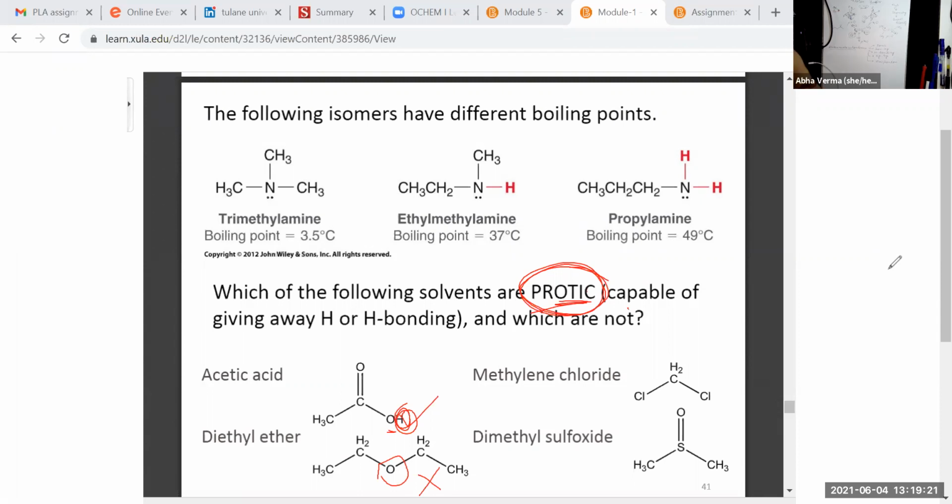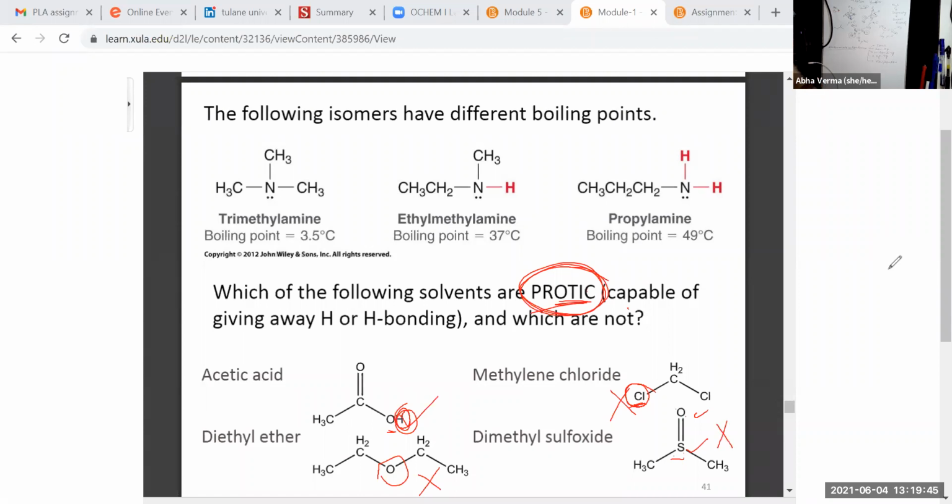What about methylene chloride? This is the electronegative element, but is there a hydrogen on it? No. So this is also not a protic material. What about the DMSO or dimethyl sulfoxide? Oxygen is electronegative and sulfur is also electronegative to some extent. But is there a hydrogen on either of them?